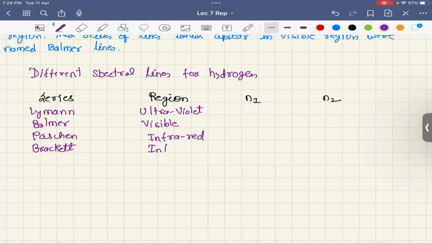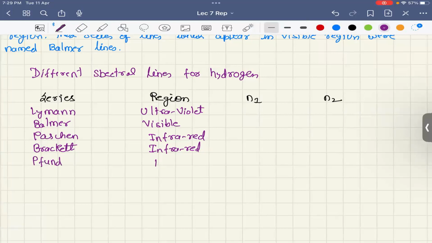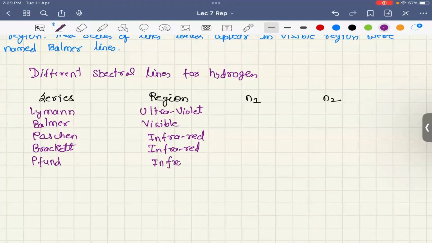These are also in infrared region. And then Pfund lines, spelled P-F-U-N-D. These are also in infrared region, right?